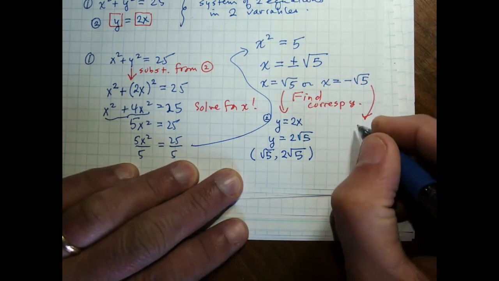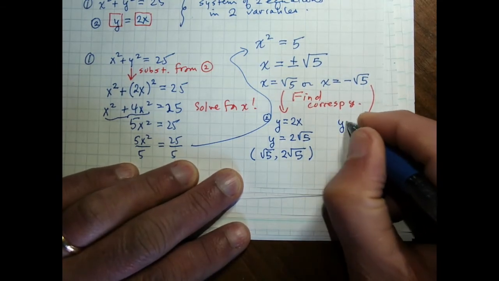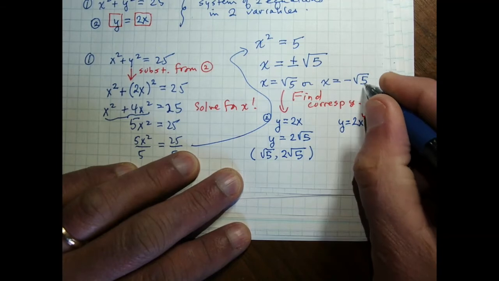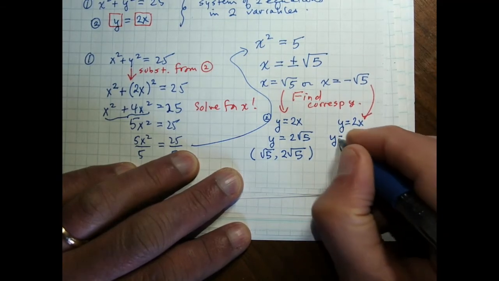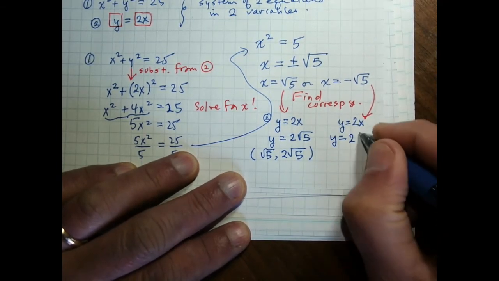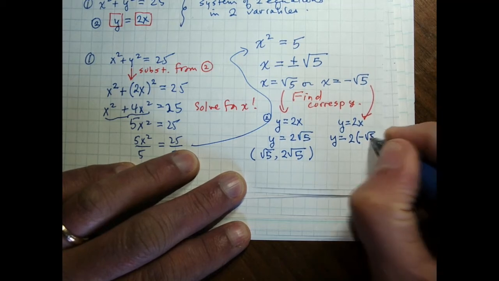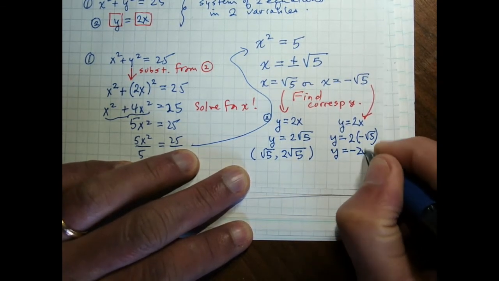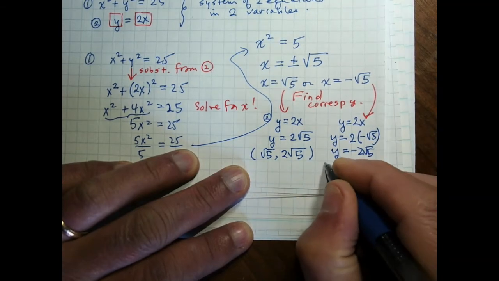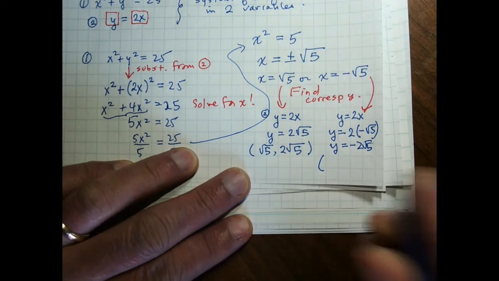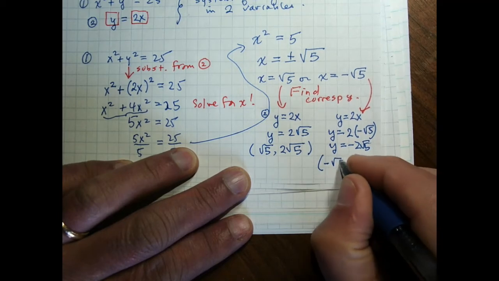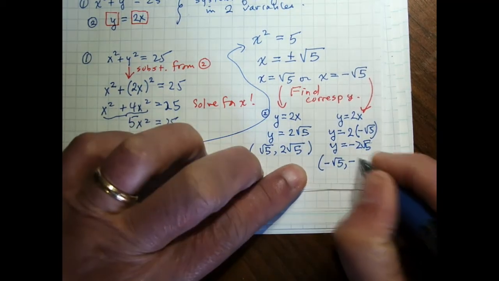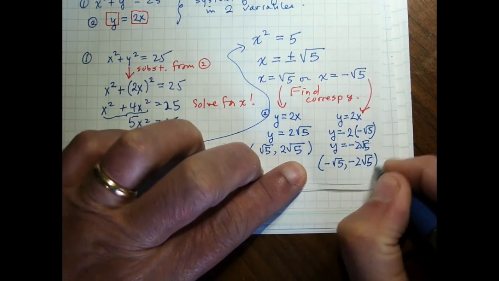And my other one is, I get another point when I plug in the negative value of x. y equals 2 times negative square root of 5. So I'm multiplying here. I get y equals negative 2 square root of 5. Or a point with coordinates negative square root of 5, negative 2 square root of 5. Both coordinates are negative there.